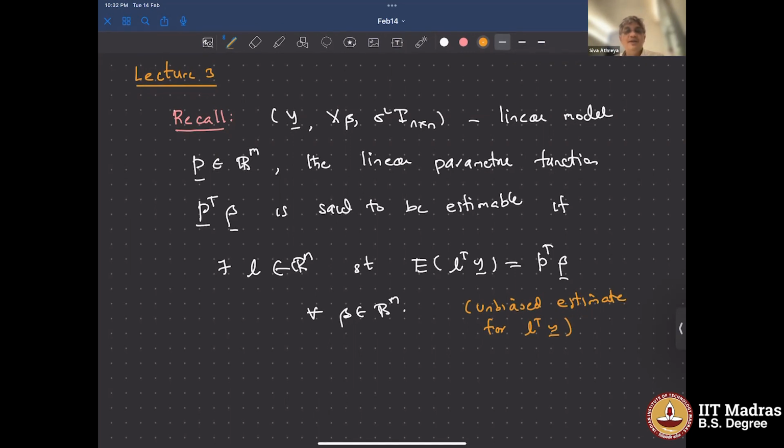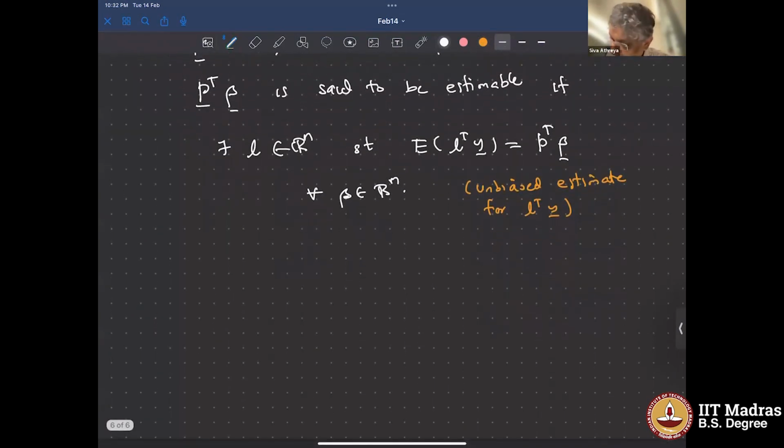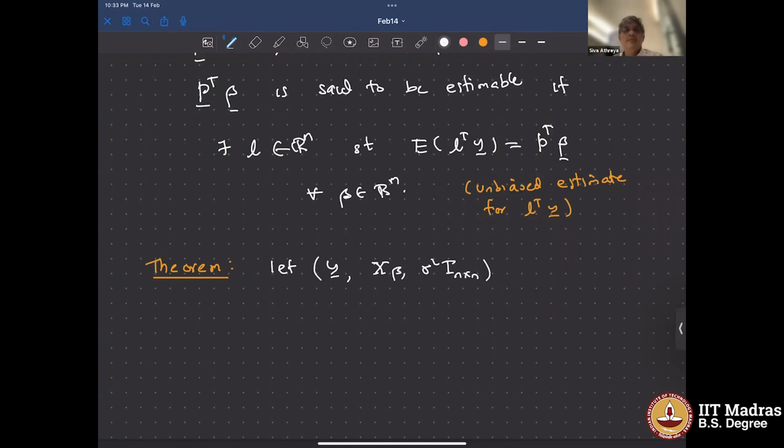So I want to show a theorem for least squares with this. Let's try and do this. Here's a nice theorem. Let y = X beta + epsilon be an uncorrelated linear model, and let P be in R^m.